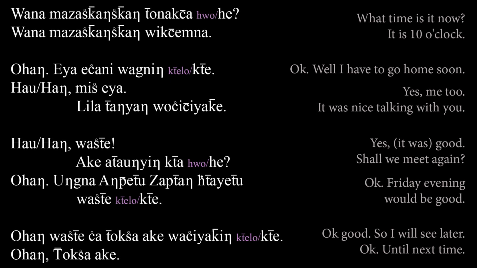I will see you. I shall see you. So when you say ake wachia kinkte, that's another really nice thing to say. You can say toksha ake wachia kinkte, or you could say ake wachia kinkte and leave the toksha out, or you could say toksha ake.